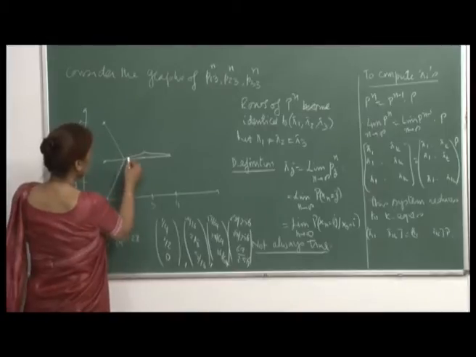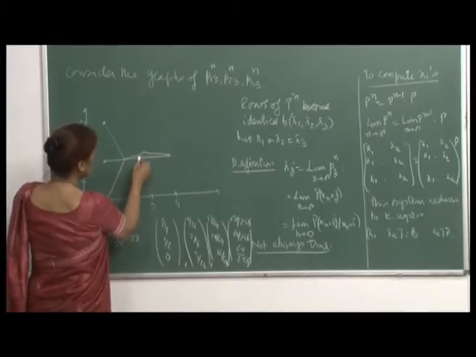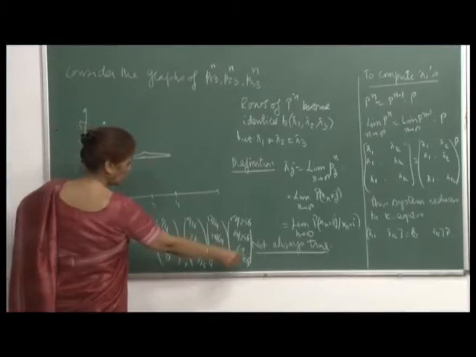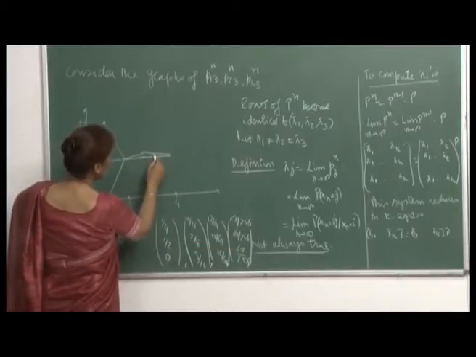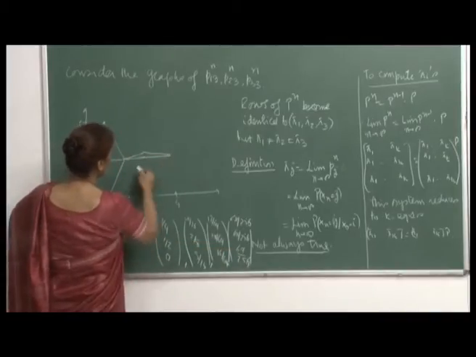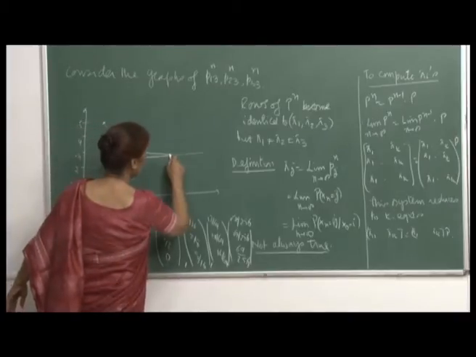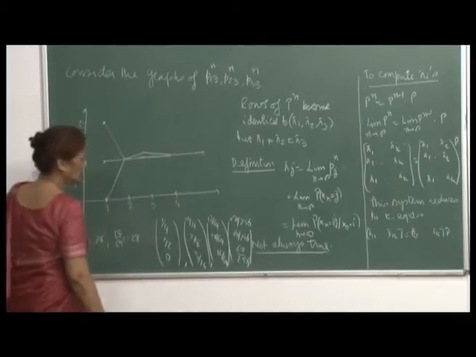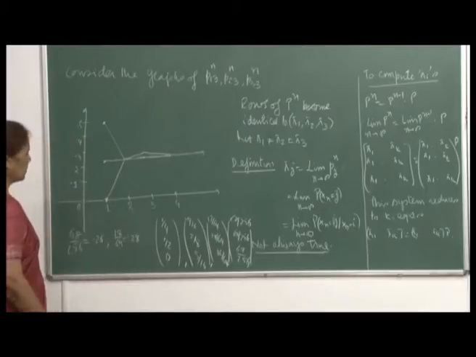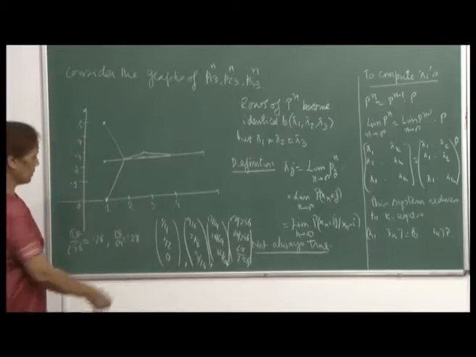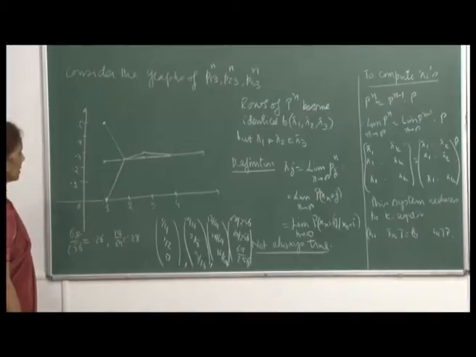I have tried to parallel it with this one here, and then it will be 69 by 256, so the line is slightly above this. As you take higher powers, all three will settle down to this number, which we have to compute, and we will do it when we find the steady state probabilities.